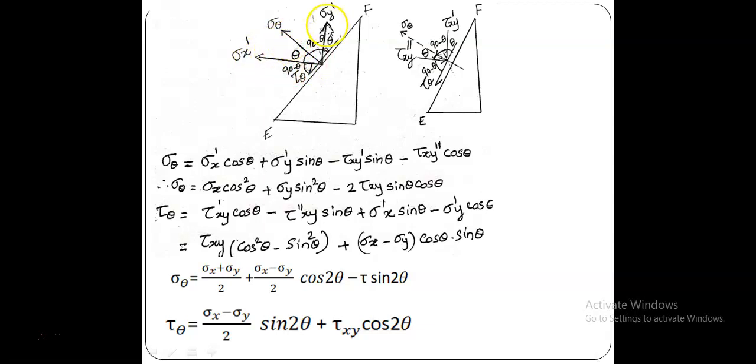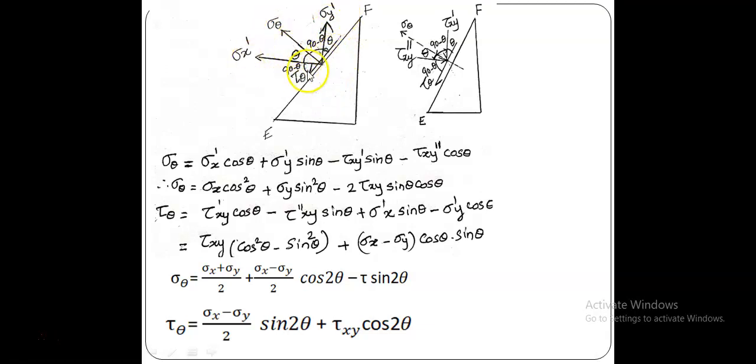Then what about sigma y dash? This is 90 minus theta, cos of 90 minus theta, therefore it becomes plus sigma y dash. You see that this is the sigma x dash direction, this is the sigma theta direction, so both are in the same direction. Like that, sigma y dash is the vertical stress direction, and when resolved into here, again it comes in this direction, therefore both are plus.